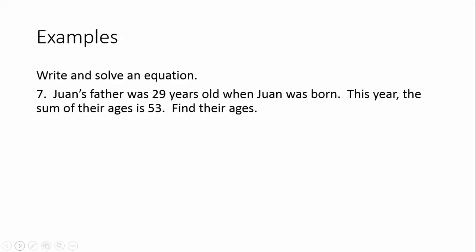Number 7, Juan's father was 29 years old when Juan was born. This year, the sum of their ages is 53. So find their ages. What this tells us is that Juan and his father are 29 years apart. We know the sum, so father plus Juan should equal 53 this year.